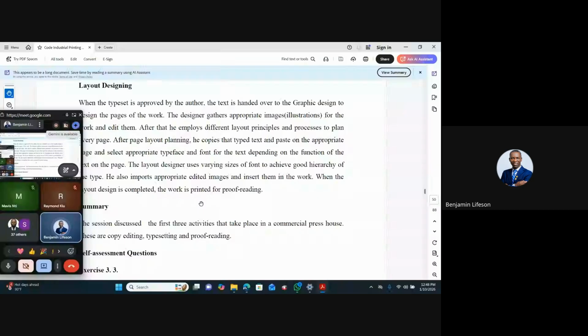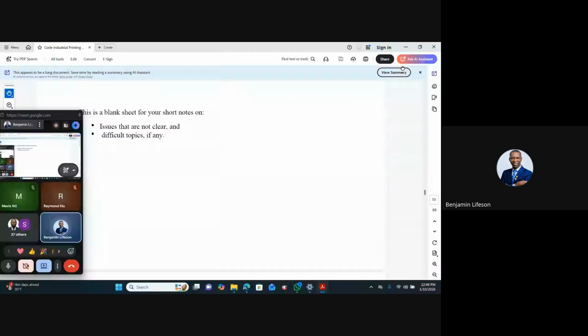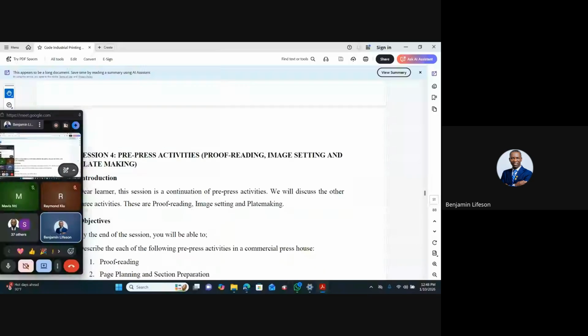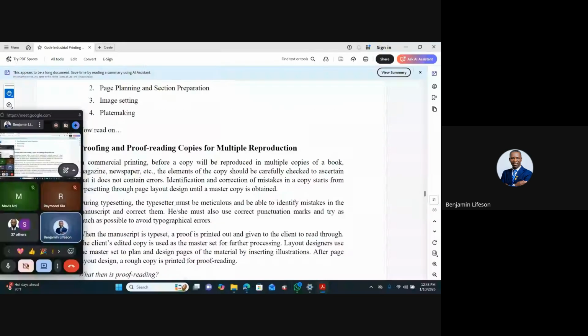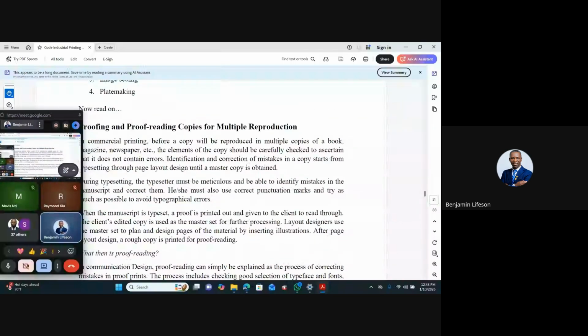That is the contrast and the emphasis. So that is all about layout designing. All right. So quickly, thank you so much for the reading. After layout designing, we go to proofreading.